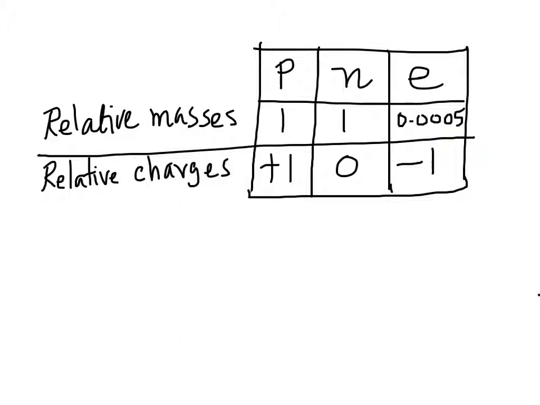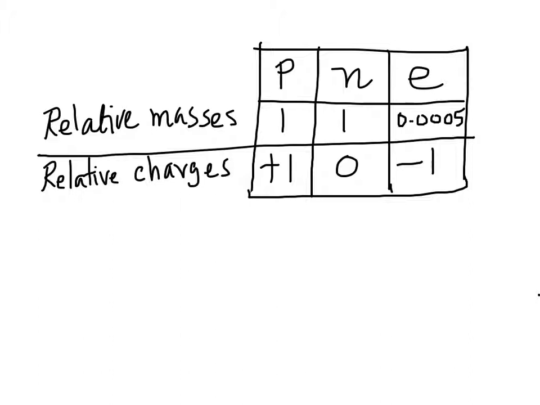Compared to the protons and neutrons, the mass of the electron is almost zero. The relative charge of a proton is +1 and that of an electron is -1. So protons and electrons have equal and opposite charge. Neutrons have no charge, zero charge.